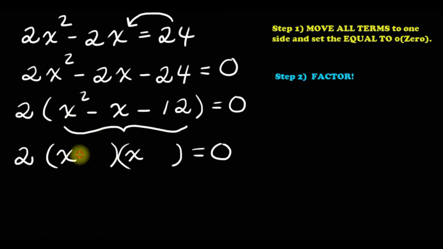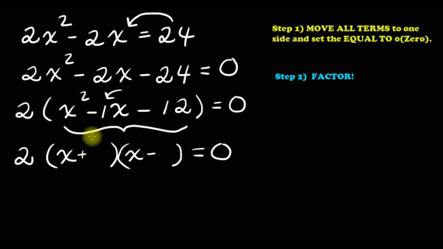And then you're going to need a positive number and a negative number, because positive times negative is negative. So basically here you have to come up with two numbers that, when you multiply, come out to negative 12, but when you add those two numbers, it comes out to negative 1, what b is.